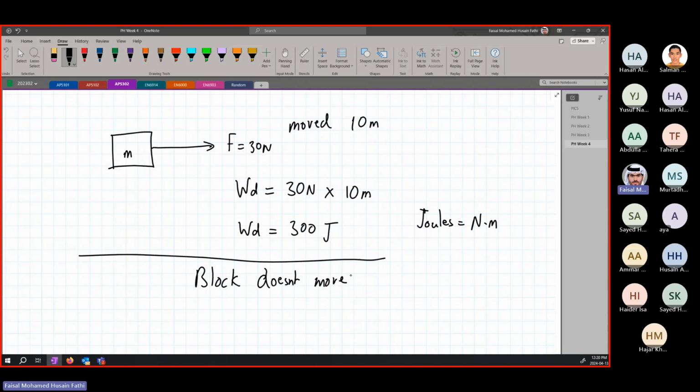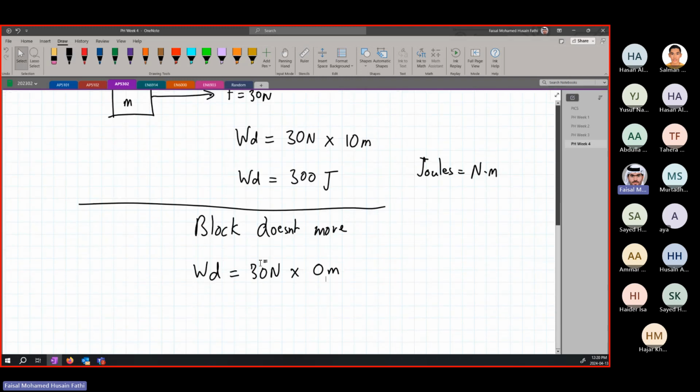All right, that means our work done is going to be equal to 30 newtons times 0 meters, because it's not moving. There is no distance that it is moving. So since it is not moving, that means there is no work done. So work done is going to be equal to 0. That's how simple it is.